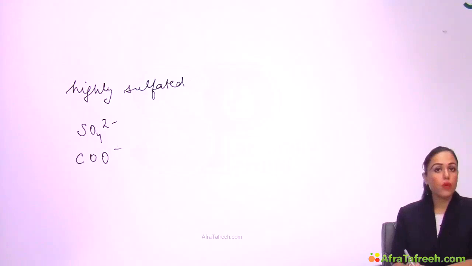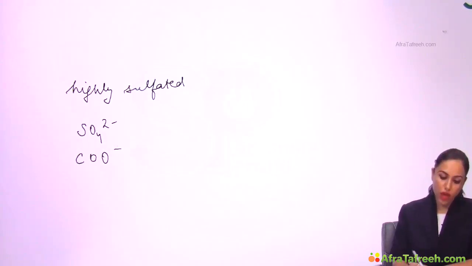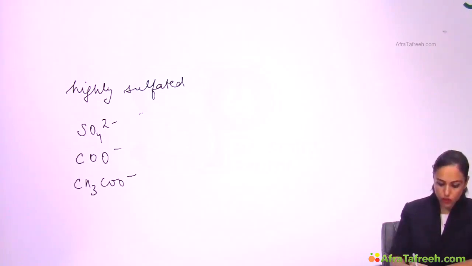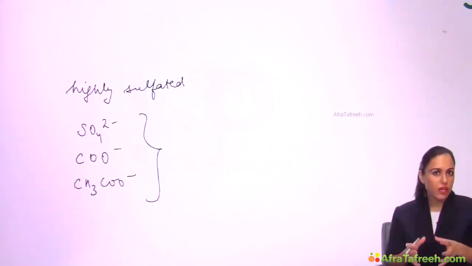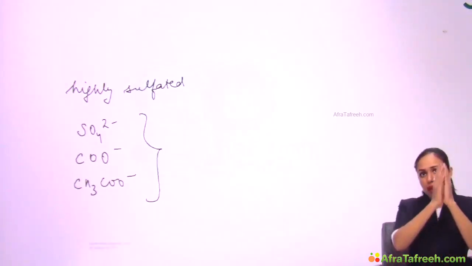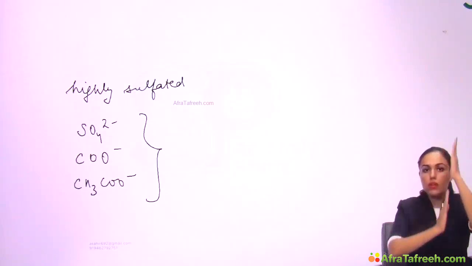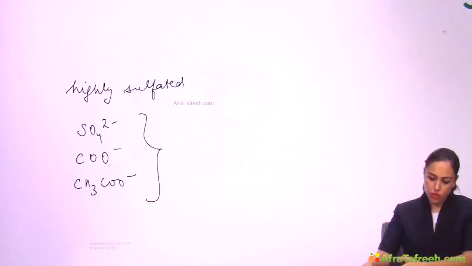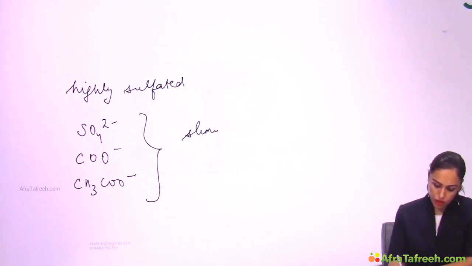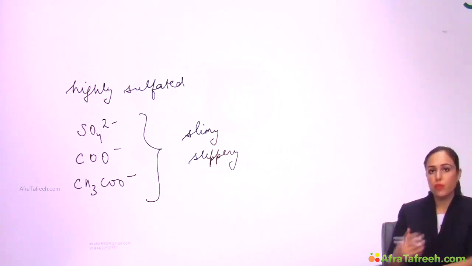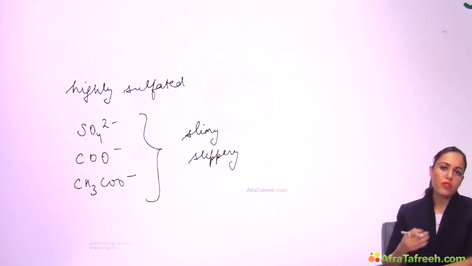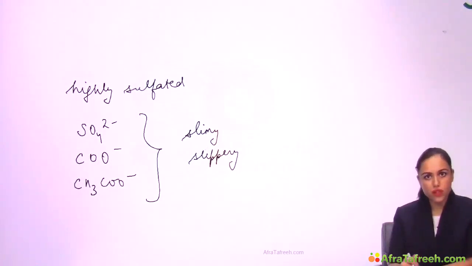They have carboxy, which also gives negative charge, and they also have acetyl groups. So there is too much negative charge in the structure. This negative charge will repel each other, giving them a slimy and slippery nature. This negative charge is coming from sulfate, carboxy and acetate groups. And because of the slimy and slippery nature, they are present in mucous secretions and are known as mucopolysaccharides.